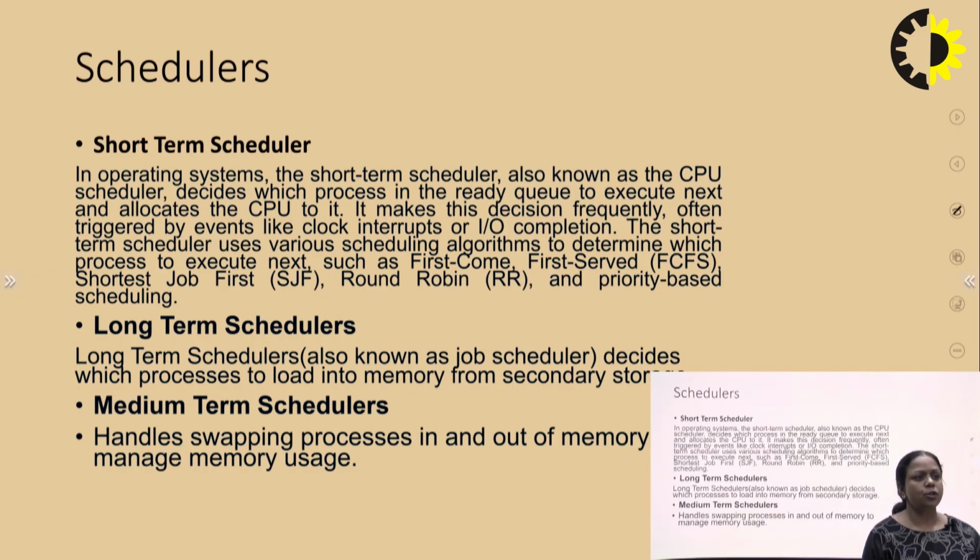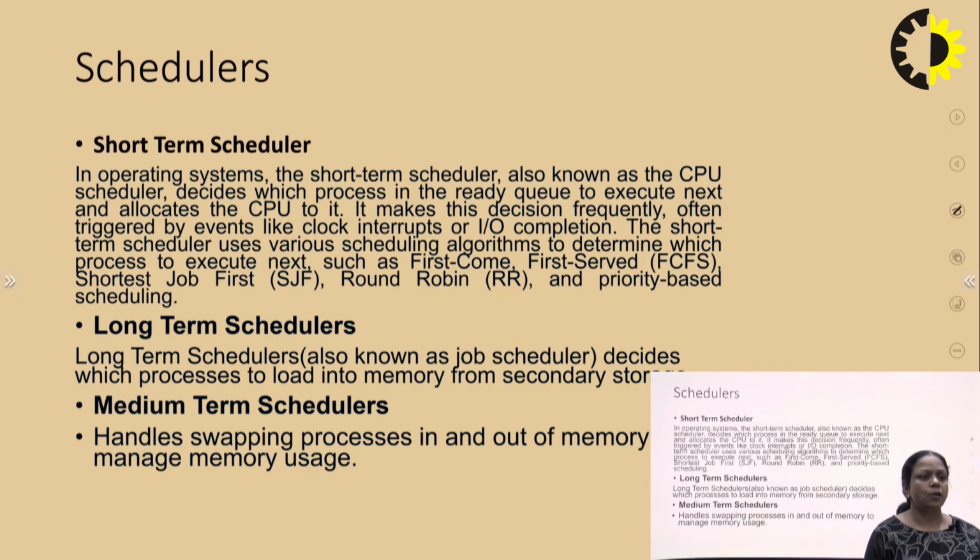It uses various scheduling algorithms, such as first come first serve, shortest job first, round robin, and priority based scheduling. This is the main use of the short-term scheduler: to allocate a particular process from the ready queue to the CPU.